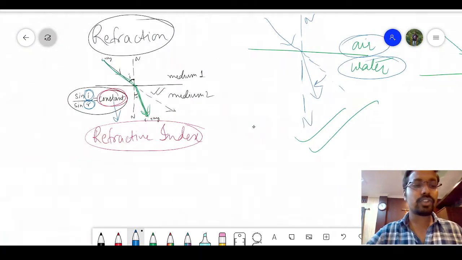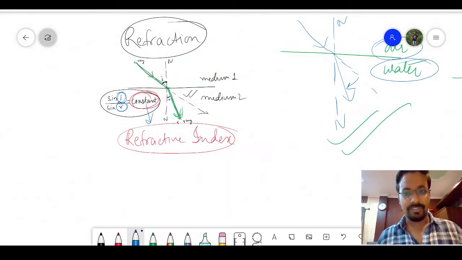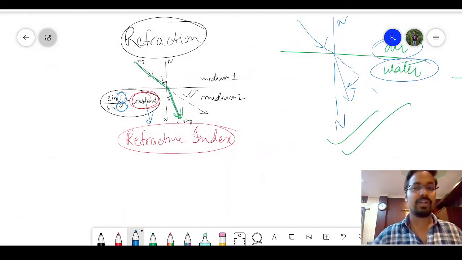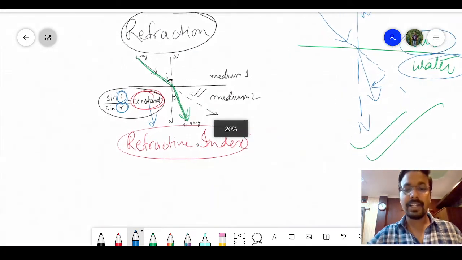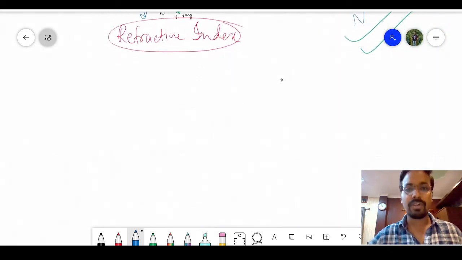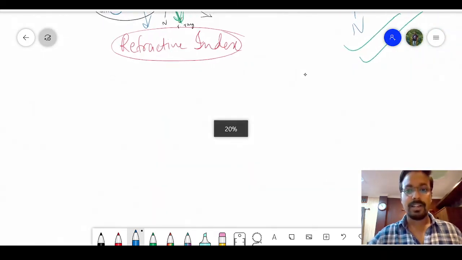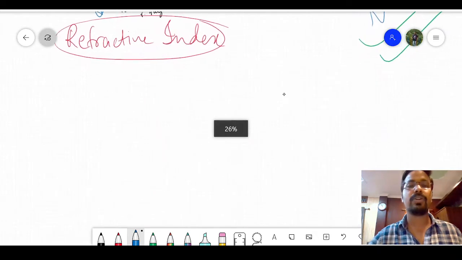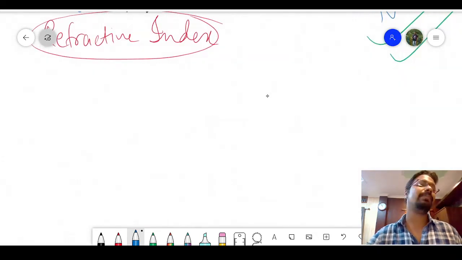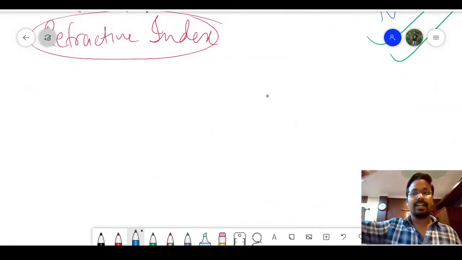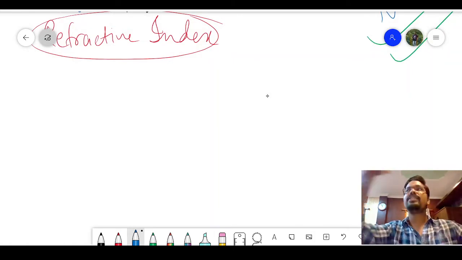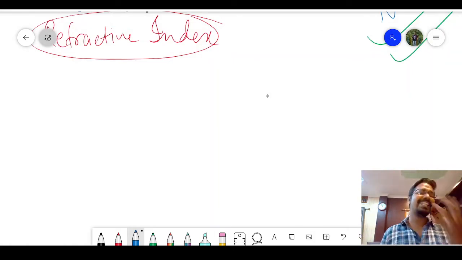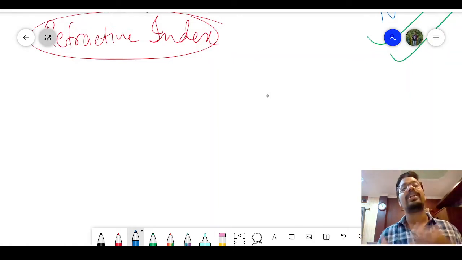Now this is not the only formula for refractive index. There is one more formula for refractive index. Now as I have said, there are always two media. You need two media for refraction to take place. In a single medium, refraction will not take place because in a single medium the density remains the same. In air, refraction of light will not take place because air density is the same. So once you change the density, then you can see refraction.